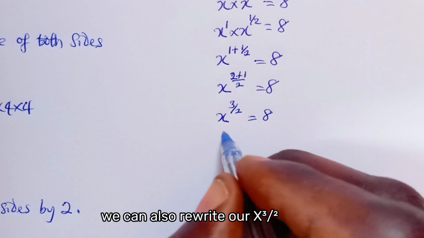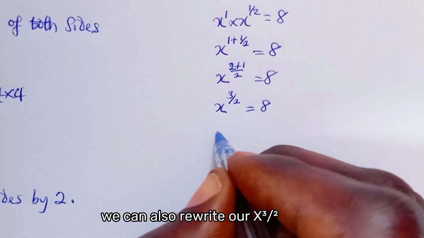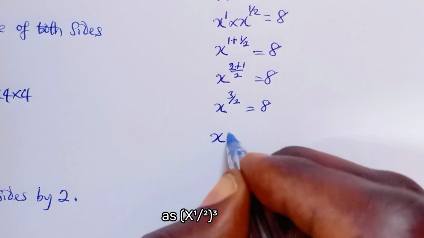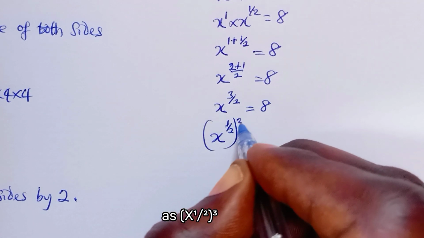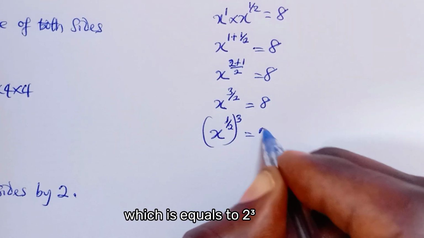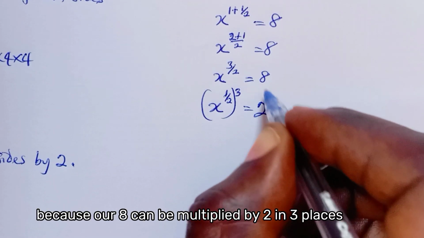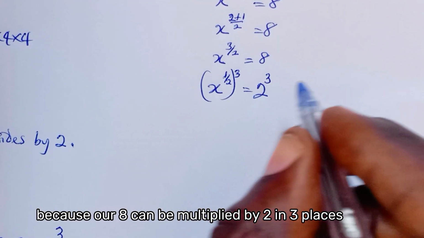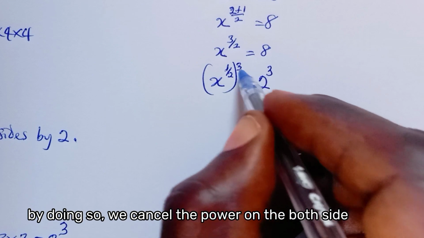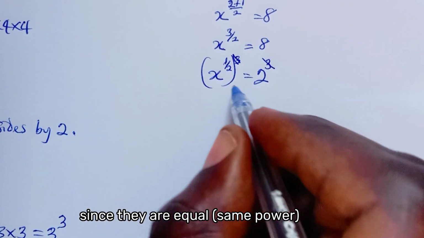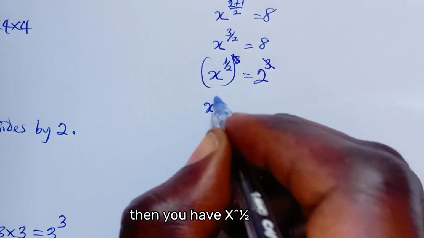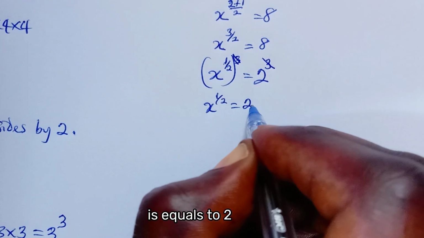So therefore, we can also rewrite our x raised to power 3 over 2 as x raised to power 1 over 2 in bracket, raised to 3, which is equal to 2 raised to power 3, because our 8 can be made by multiplying 2 in 3 places. So by so doing, the powers are equal, so you cancel them. Then you have x raised to power 1 over 2 is equal to 2.